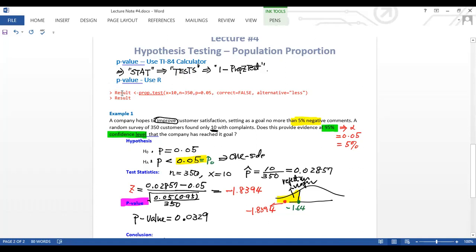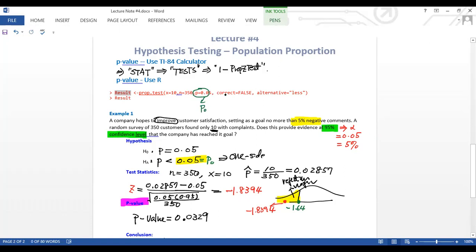Like I said, result is just a name. You can give any name you want. You say John, Tom, Mary, right? Then here is prop.test. You input the x and n, and you have to be careful here. This one is your p0, so don't get confused with alpha.